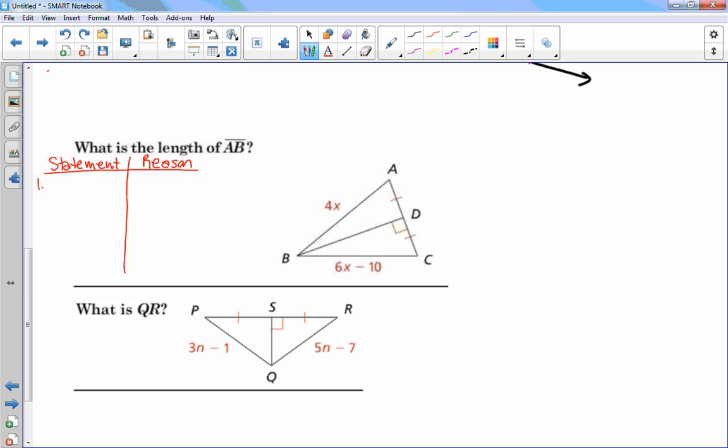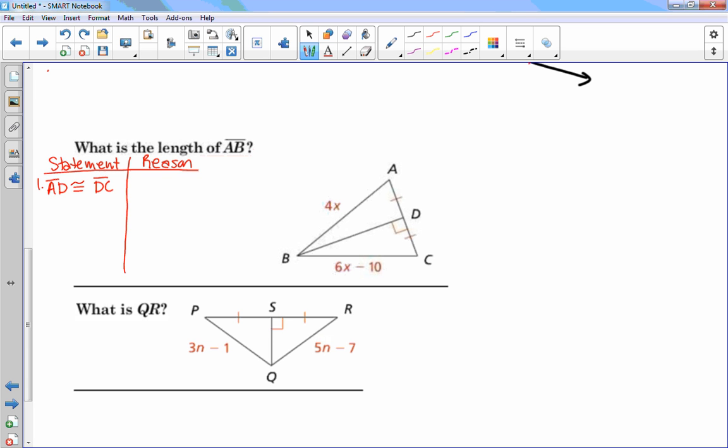Okay, a statement. What's something, any information that goes on the picture, that's given without numbers? The tick marks. What are the tick marks between? AB and DC. Those tick marks tell us those two segments have to be congruent.